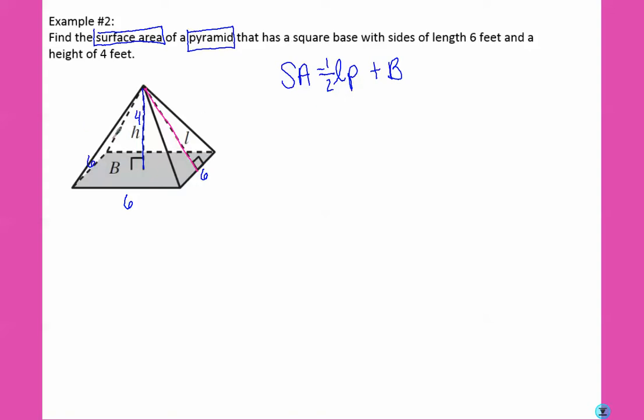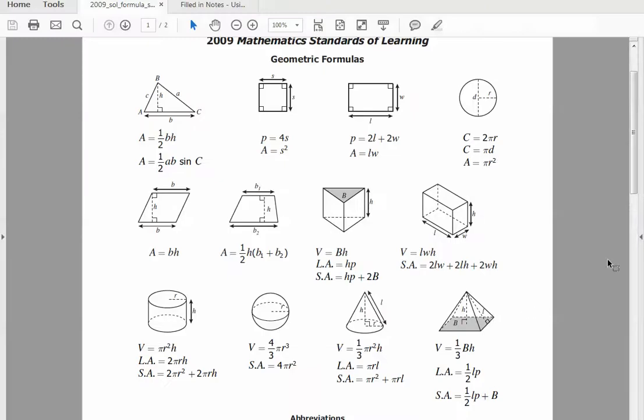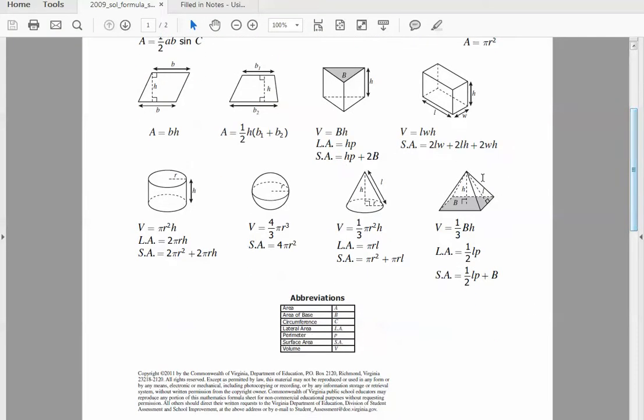It doesn't have P labeled on the picture anywhere, and big B is just in the bottom here. If you forget what those stand for, look on your formula sheet. So it showed us L in the picture. P is the perimeter.